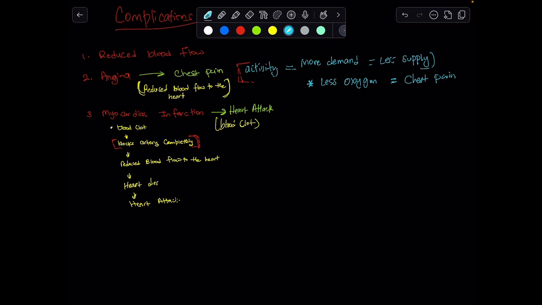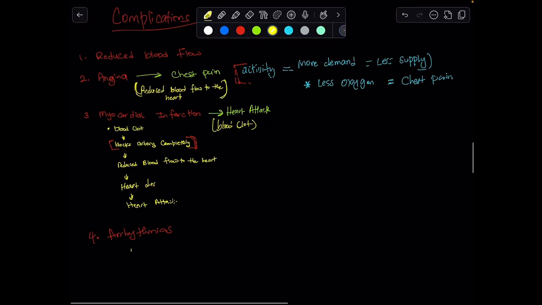And then you can also get arrhythmias because we know with reduced blood flow, now your heart feels like it's dying. So with reduced blood flow, your heart may feel like it needs to work fast, beating too fast.